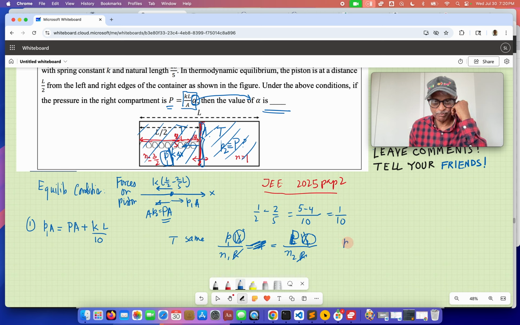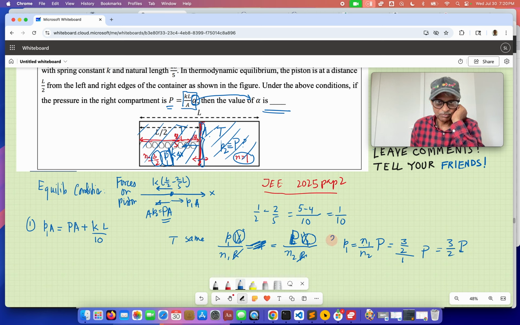Then P1 equals N1 over N2 times P. N1 is 3/2 and N2 is 1, so P1 is 3/2 capital P. This is my second equation.